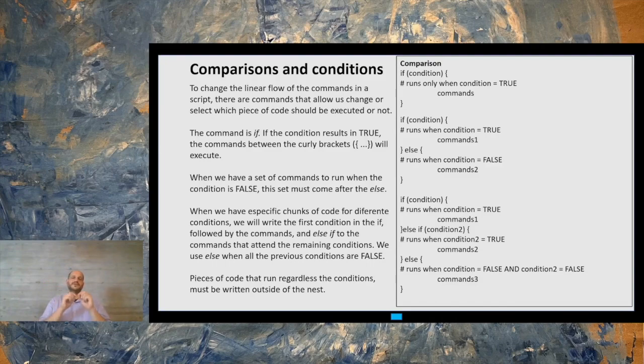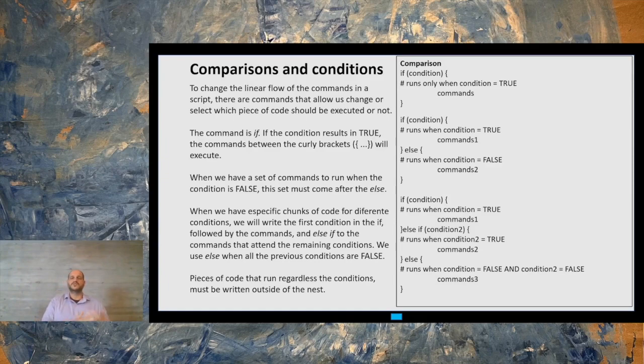But after I close the curly brackets, I will write my else. The else means that the piece of code in the next block of curly brackets will run when the condition is false. So if the condition is true, I run the first block. If the condition is false, I run the else block.